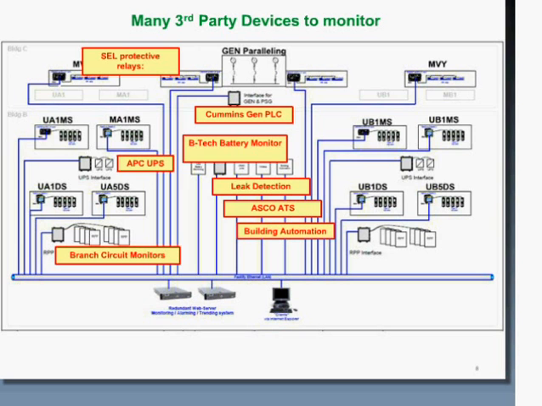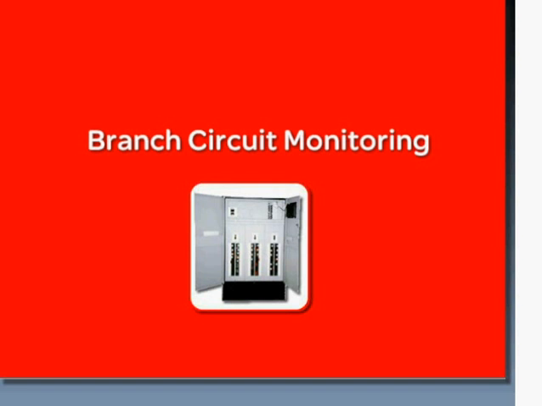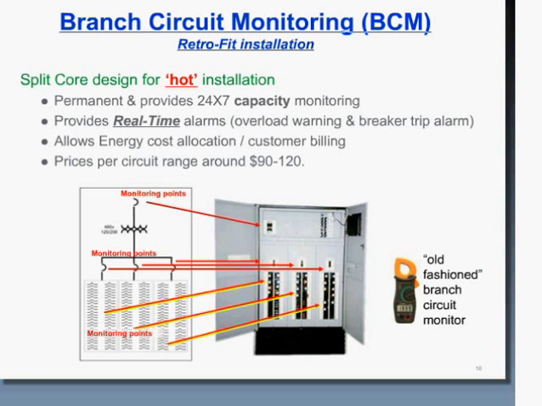So let's talk a little bit about branch circuit monitoring. This is a picture of a PDU, and really what we're looking at is a lot of systems, especially in the retrofit area, don't have branch circuit monitoring. Typically you're looking at monitoring the mains, and monitoring each branch circuit. In the past, a lot of people would use an old-fashioned device, maybe a clip-on meter.